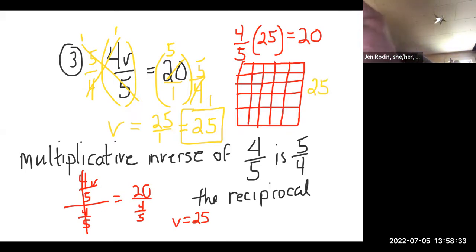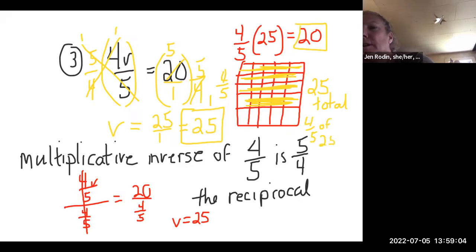If I took 4/5 of that, that would be 1, 2, 3, 4 rows. That's 4/5 of that picture. And if I counted those up, it would be 5, 5, 5, 5. It would equal 20. So 4/5 of 25 equals 20.